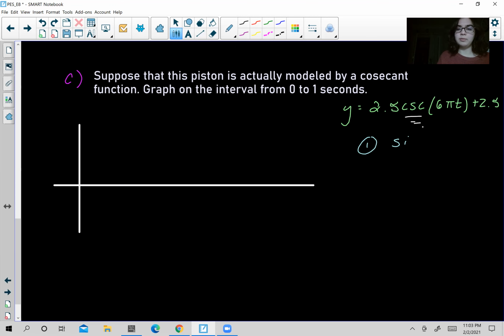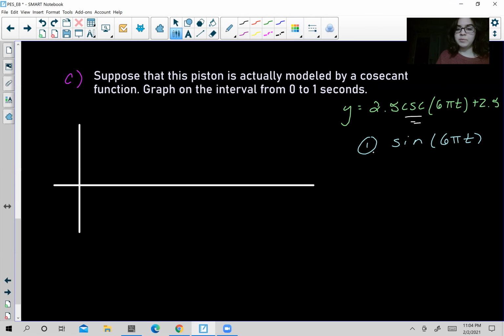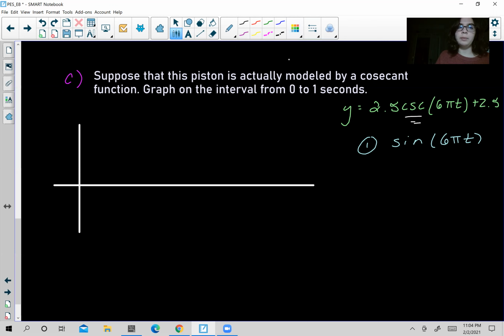And let's take out that amplitude and the vertical shift. Let's make it as simple as we can and do sine of 6 pi times t. So how do we graph that? Well, first of all, we have to scale our x-axis. The way that I want to do that is by thinking about the period of this function and the interval that we're given.